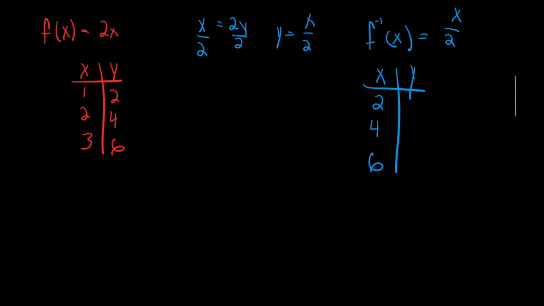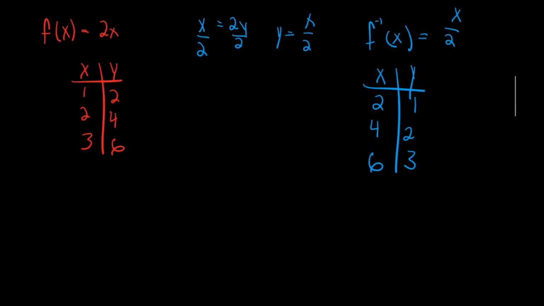This does make sense because if we plug in 2 into this function, we get 1. If we plug in 4, we get 2. Plug in 6, we get 3. This shows us that whatever we were plugging in as our input, when we find the inverse, is now going to be our output, and what was previously our output is now going to be our input.